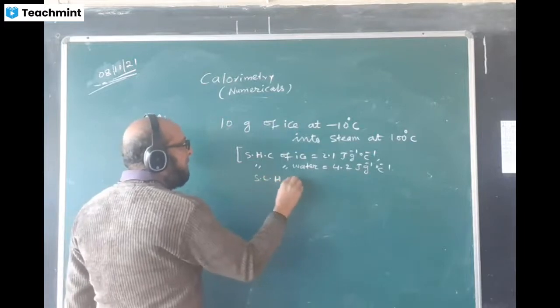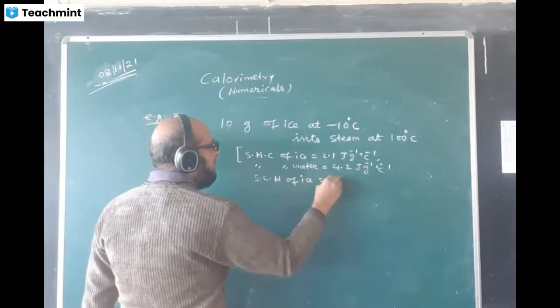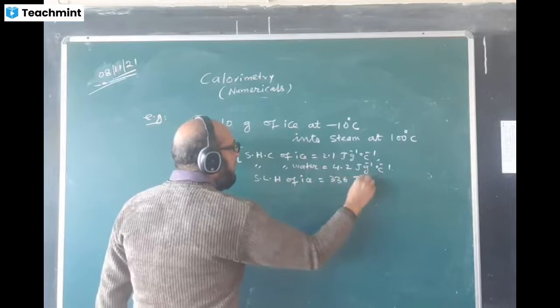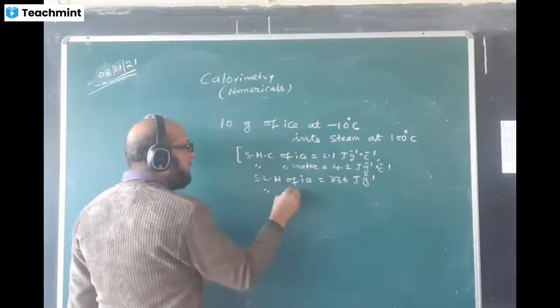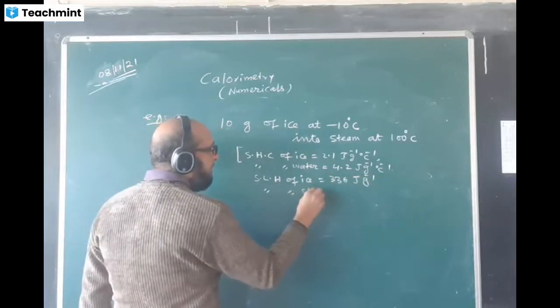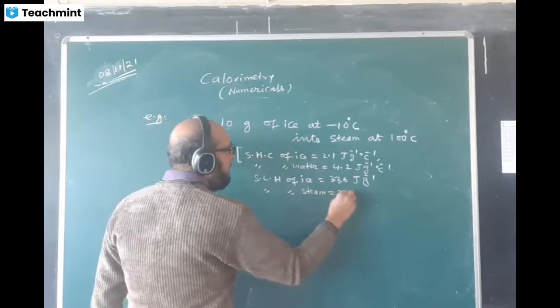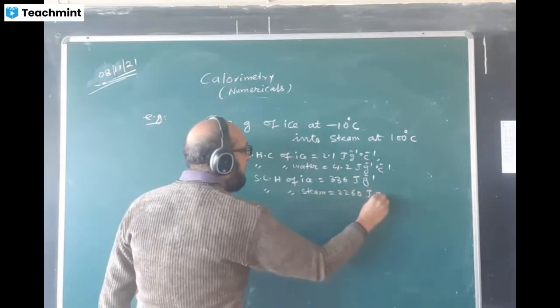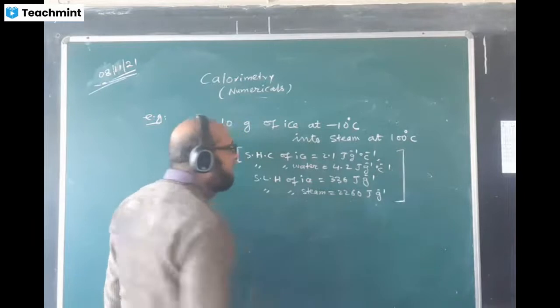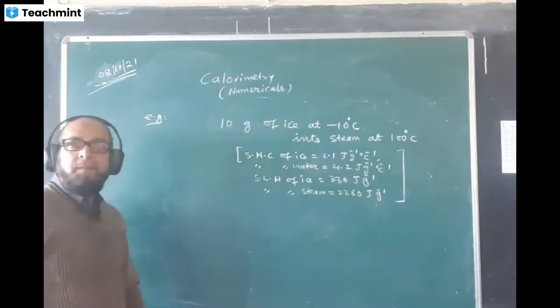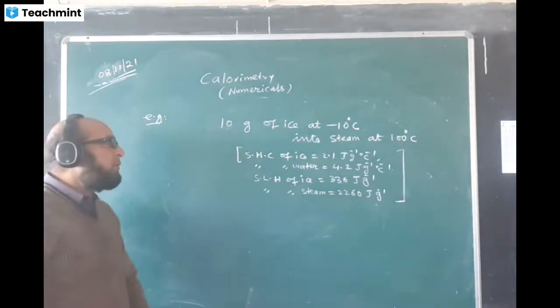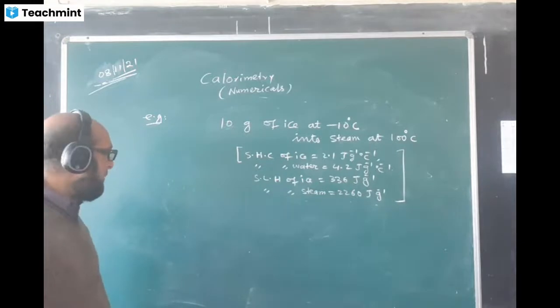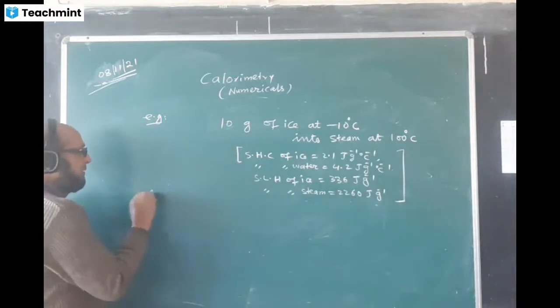SLH of ice is equal to 336 joule per gram. SLH of steam 2260 joule per gram. All these values are given along with the question. Okay, now see the answer.